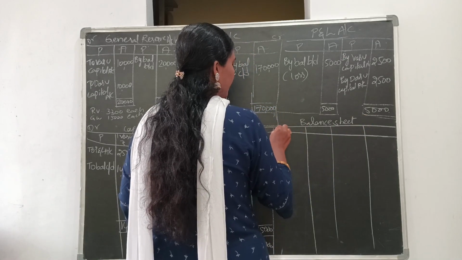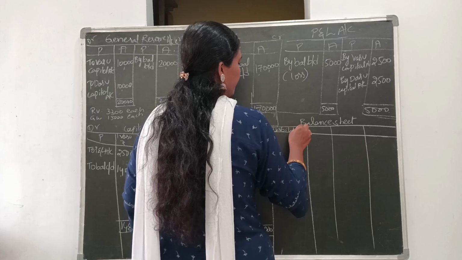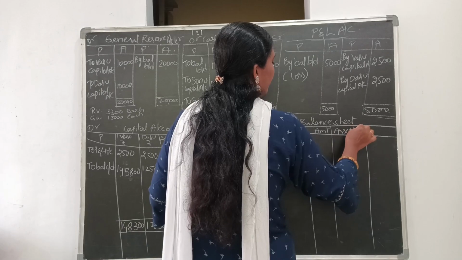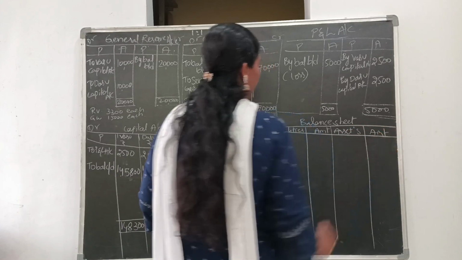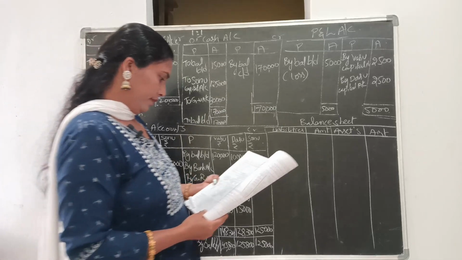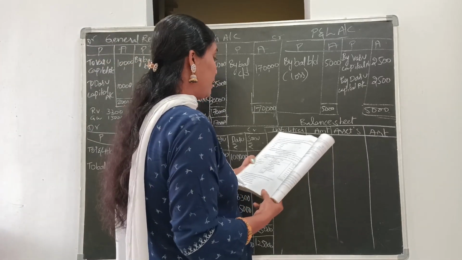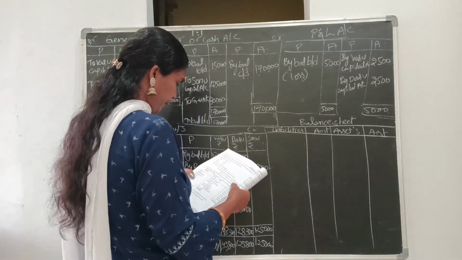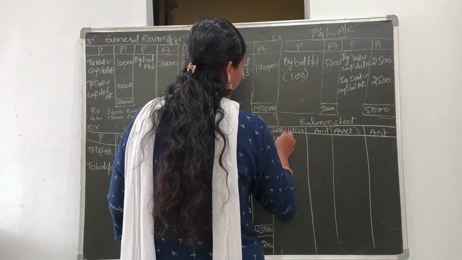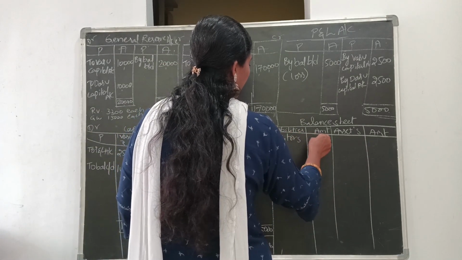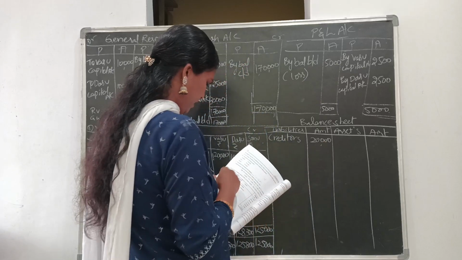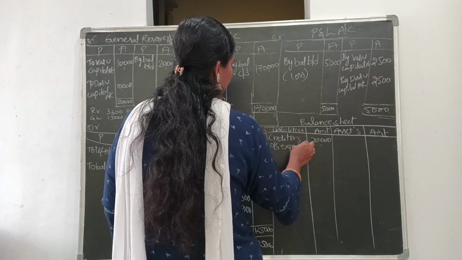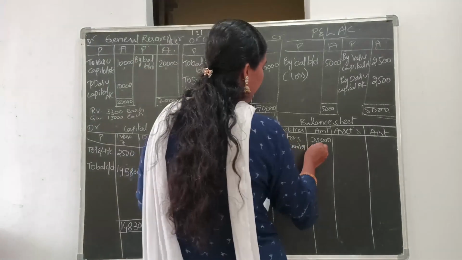Write down liabilities, amount, assets, amount. Now first we'll start with the liabilities. Creditors are 20,000. Next, outstanding expenses, which are 10,000.